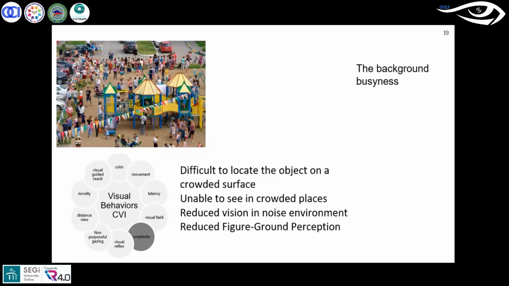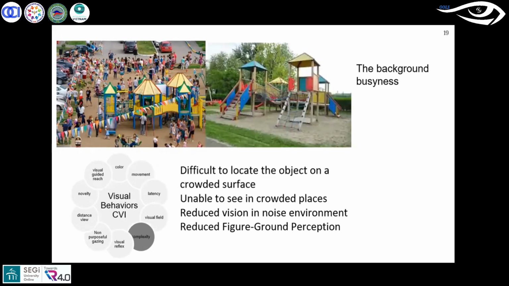The complexity can occur in the array, in the form of noise, and also the surface itself. So it can be three means of complexity. So we need to make sure that the child with CVI will not be exposed to such a busy environment. With this kind of child, they will prefer a playground without many people at the playground.